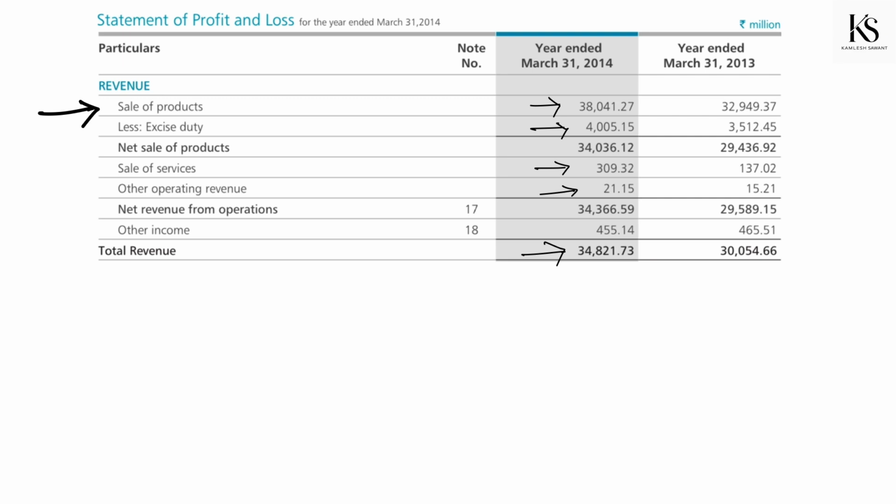Finally, the revenue from sale of products plus sale of services plus other operating revenues sums up to give the total operating revenue of the company. This is reported at 3,436 crore rupees for financial year 14 and 2,959 crore rupees for financial year 13.